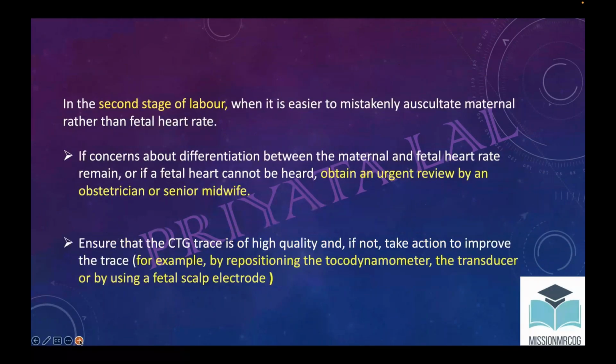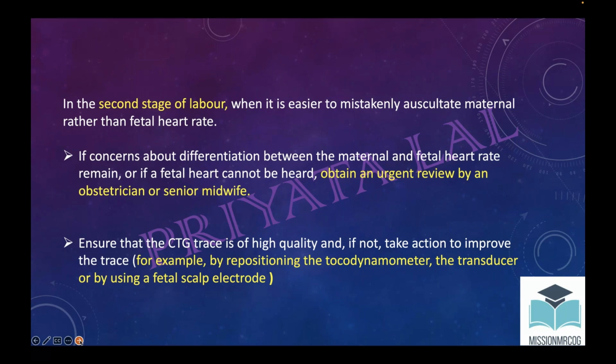So this is for the first stage of labor. If you are hearing the maternal heart rather than the fetal heart, this assessment is more common and creates mistakes during the second stage of labor. So if differentiation between maternal and fetal heart cannot be done in the second stage, then urgent review by the obstetrician or senior midwife is necessary.